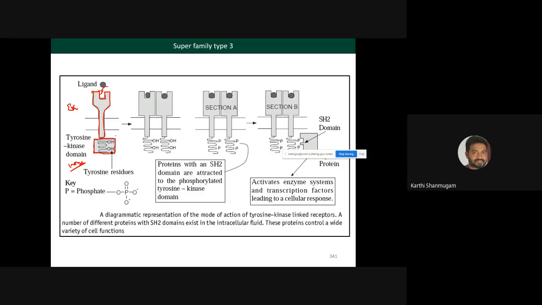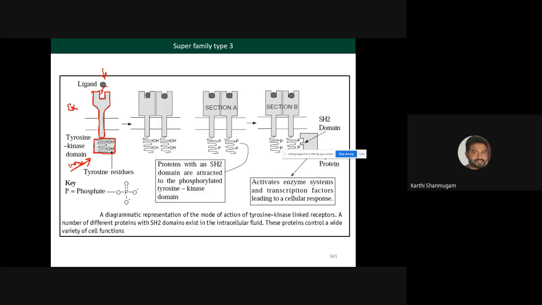The enzymatic activity is not present in the extracellular region; it is present in the intracellular region. So the structural feature is that it has only one transmembrane helix, and the ligand binding domain is present in the extracellular region. These are common points.